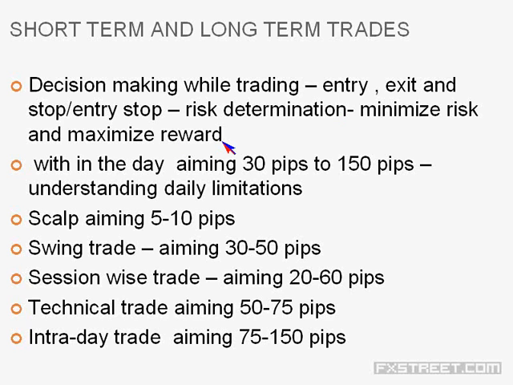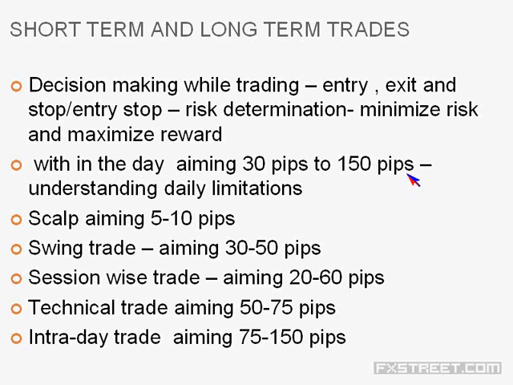Then minimize the risk and maximize the reward by converting that stop into a trailing stop and keep an optimal limit. You determine that exit level and try to exit out of that. Don't become greedy when the going is good, and don't miss that opportunity. Within the day, aim for about 30 pips if you are an optimal swing trader.